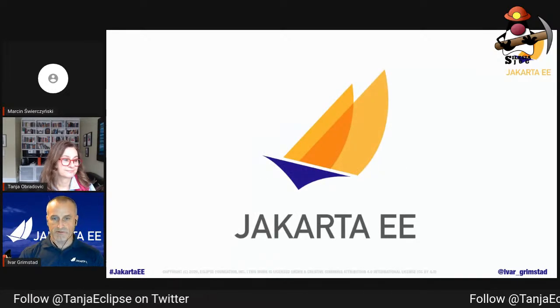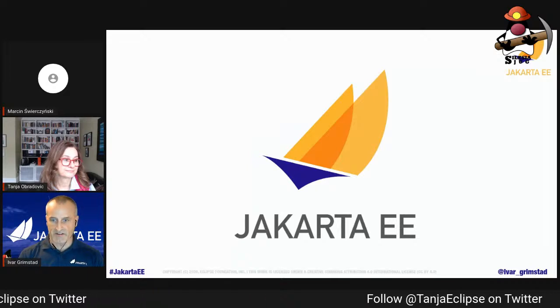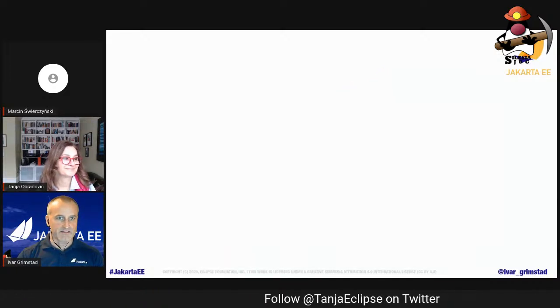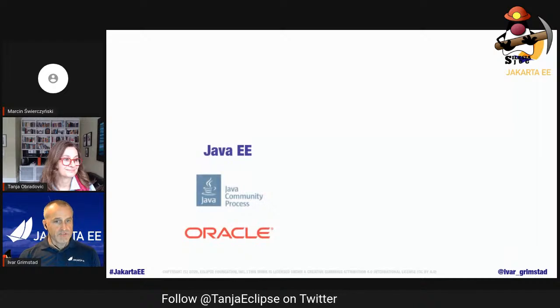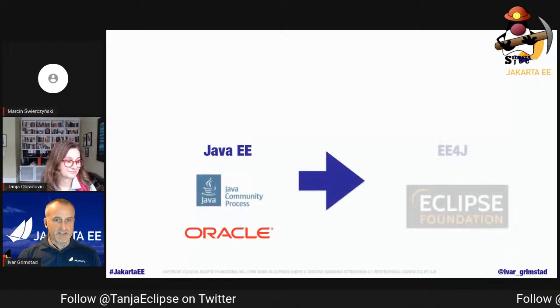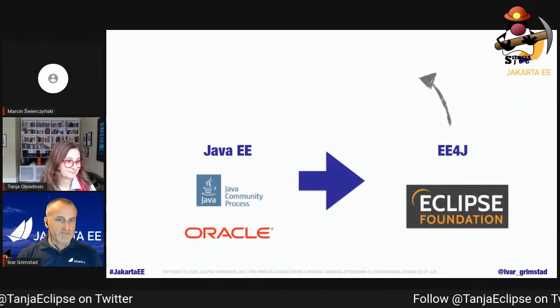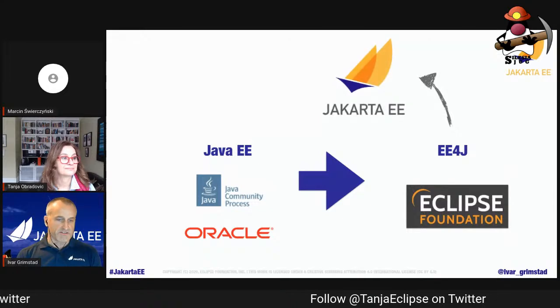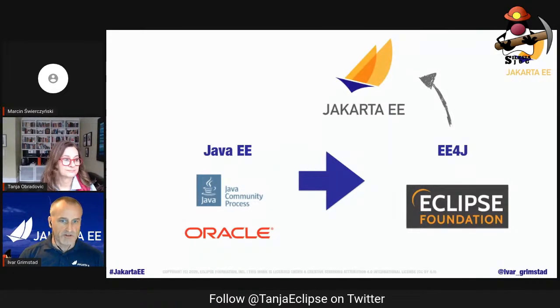So Jakarta EE, you're probably familiar with our sailing ship logo, but where did it come from? We know about Java EE that was governed by the Java Community Process, or the JCP, by Oracle.